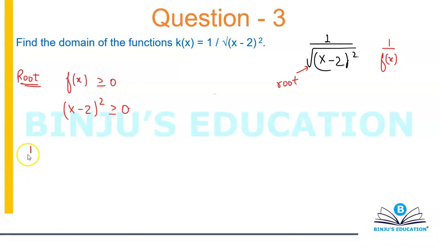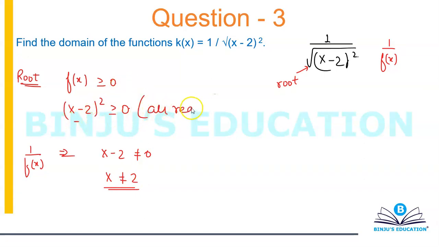And second thing is, if you talk about 1 over f(x), then I need to ensure that x minus 2 should not be equal to 0, which means x should not be equal to 2. So from the first one, I have all real values, because no matter what the value of x is, (x minus 2) square is always 0 or greater than 0.